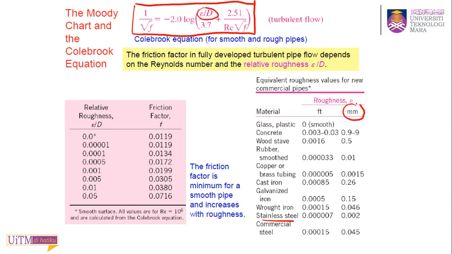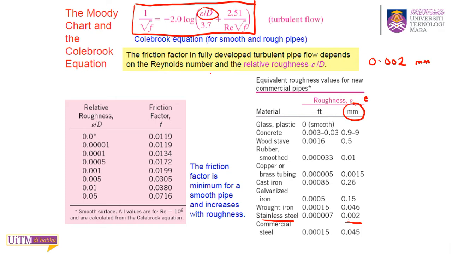For stainless steel it is 0.002 millimeter. This is sigma, the roughness.